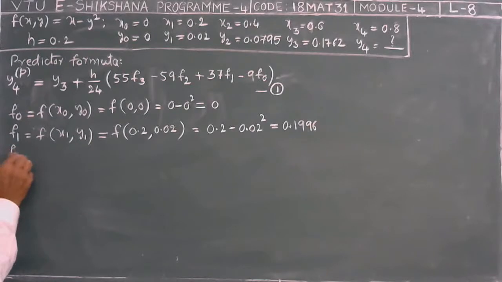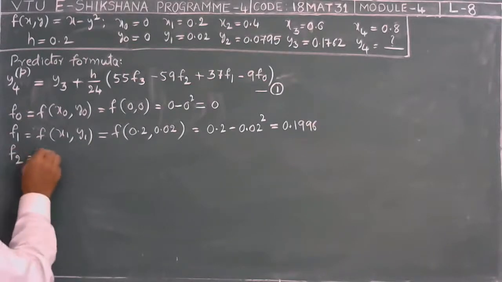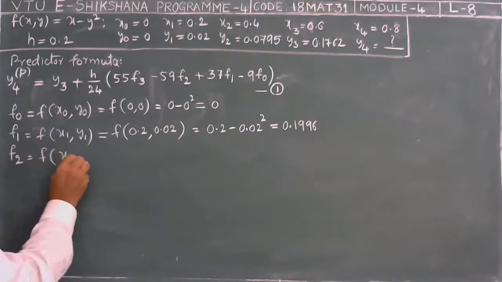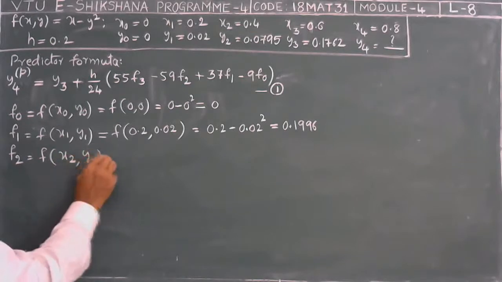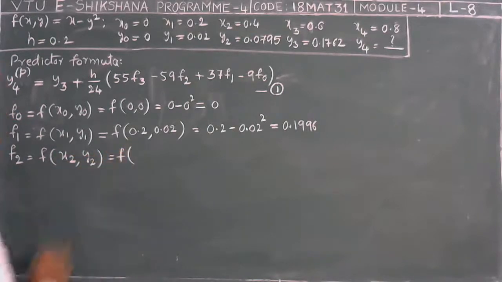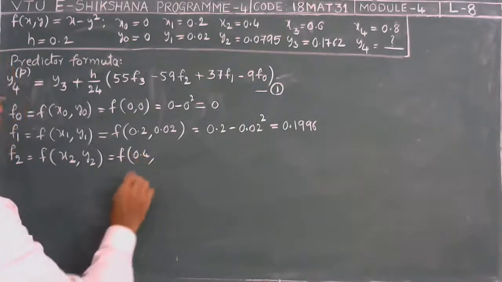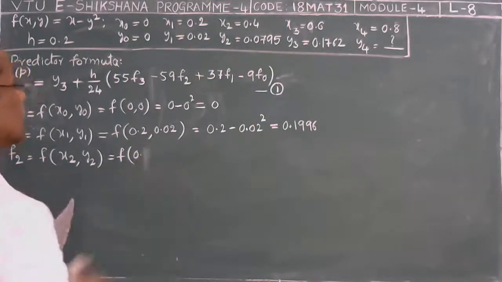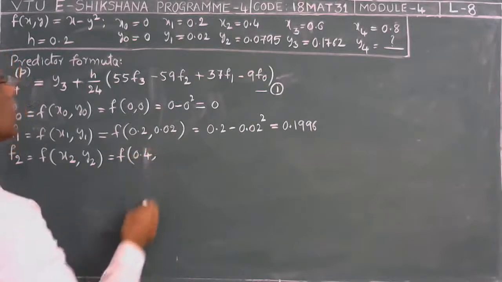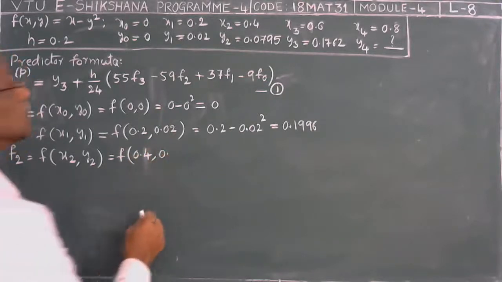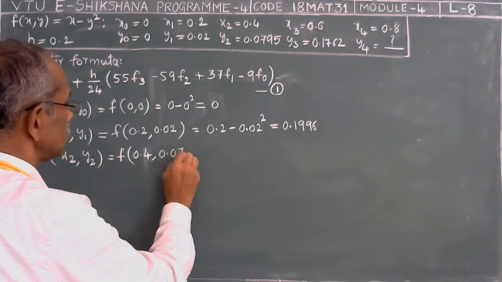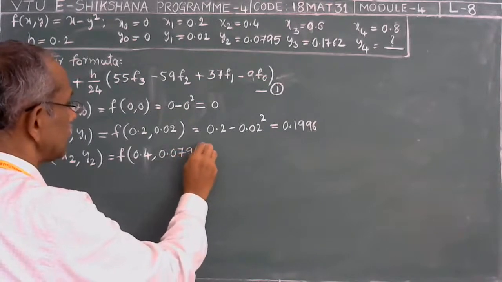Then f2 is f of x2 comma y2. So this is f of 0.4 comma 0.0795.